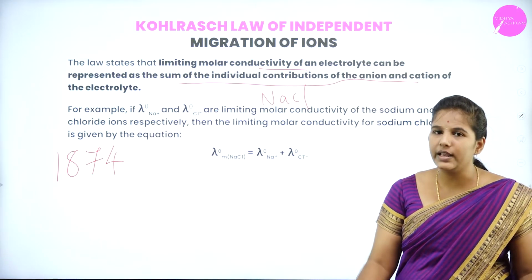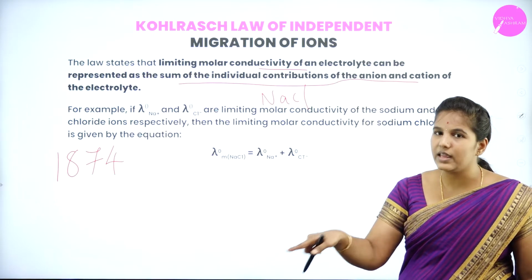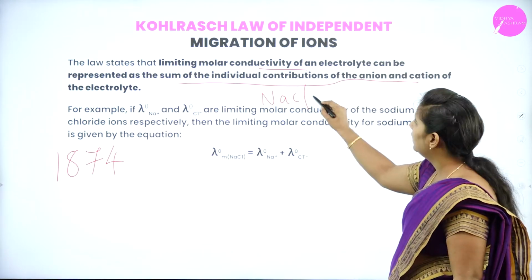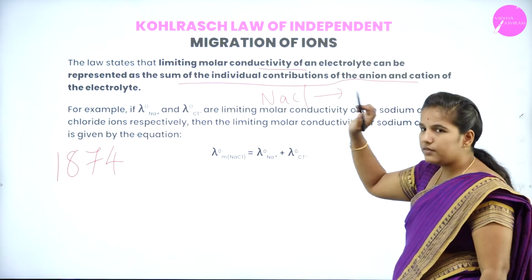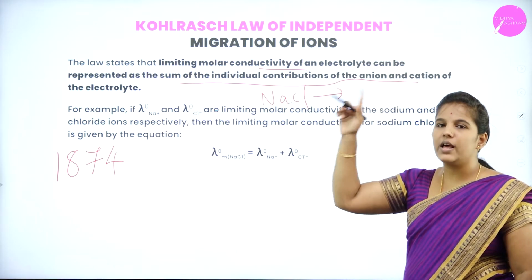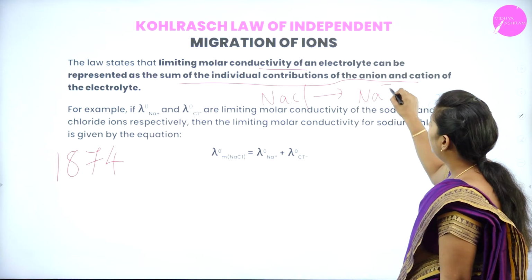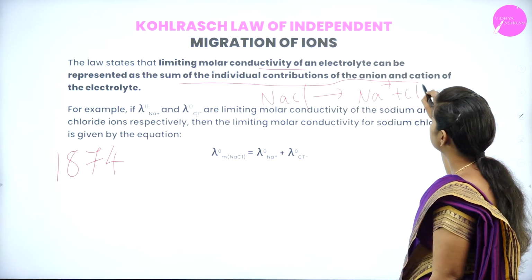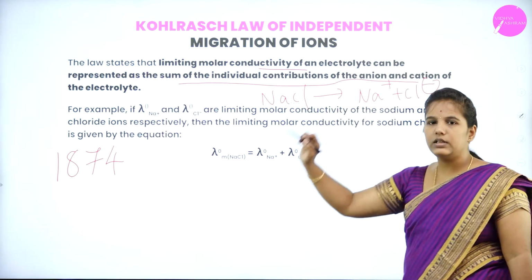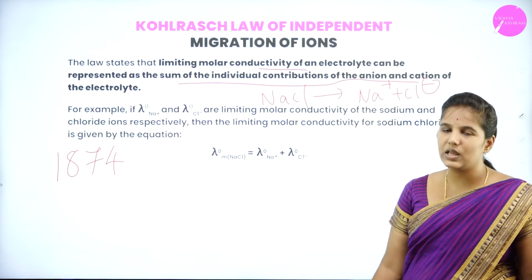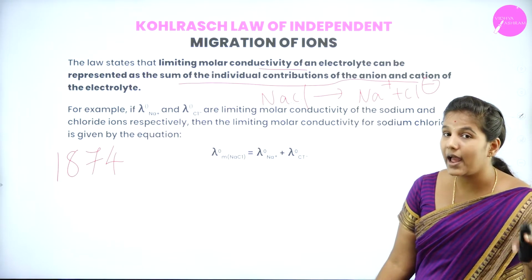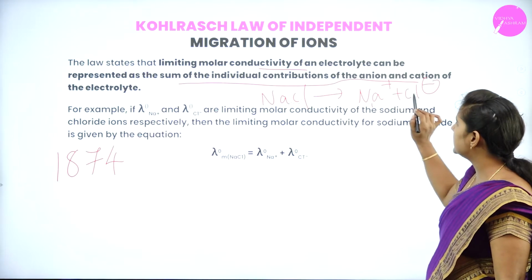That is why he said, in case of this weak electrolyte, remember the dissociation of the ions, or the limiting molar conductivity of the ions, is nothing but the individual ions which have been produced from each electrolyte, it may be cations and anions.